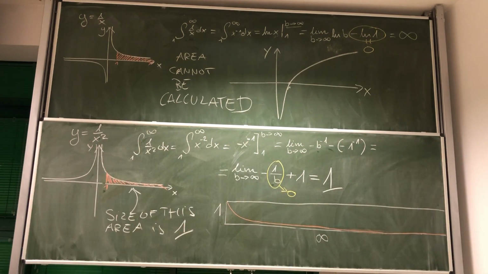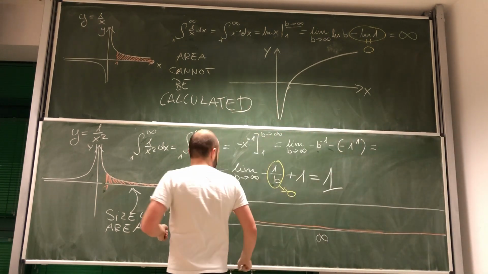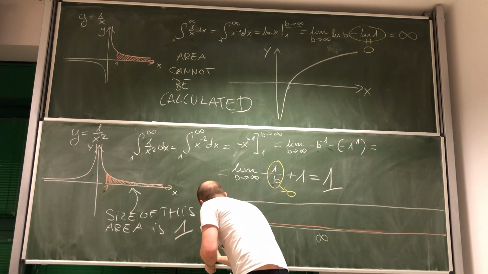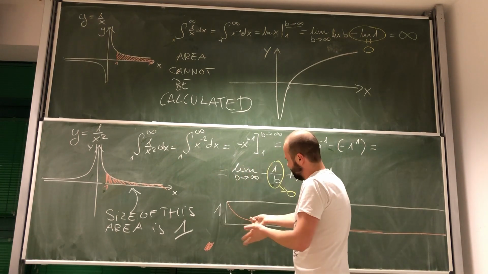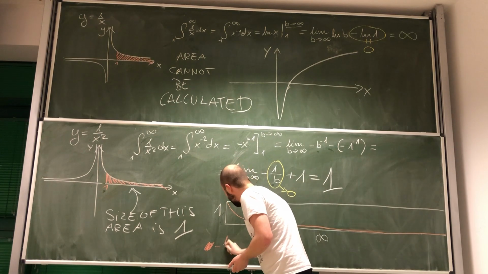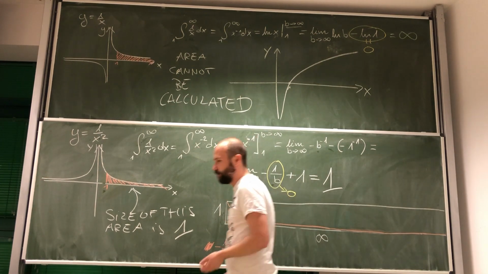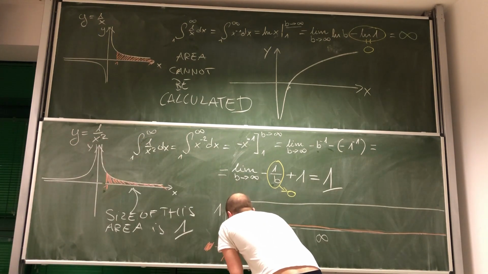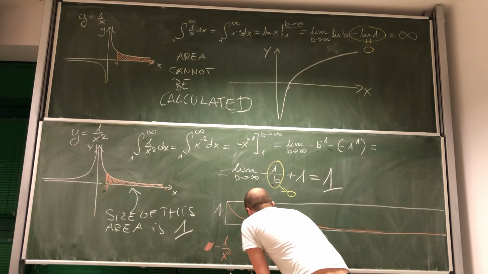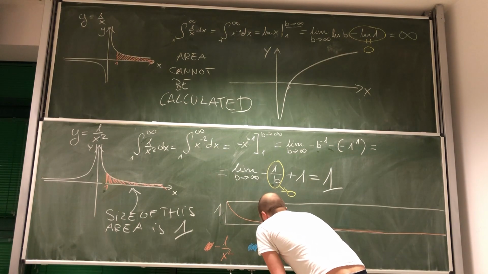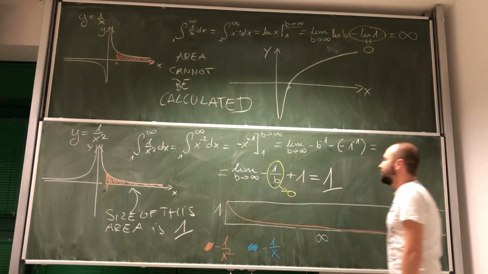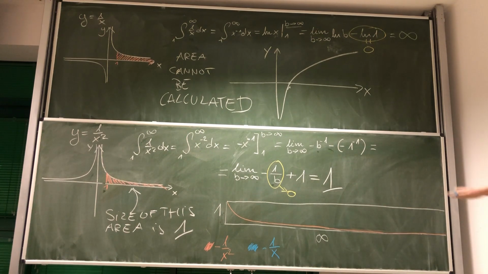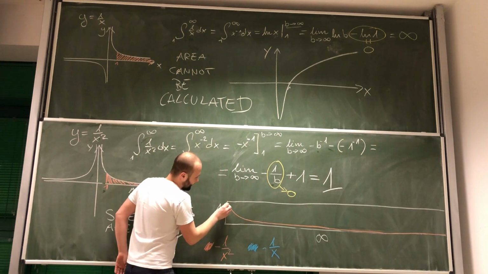And look, and why in this first case? Okay, let's just say that from now on, this red, pink, orange color is associated with the function 1 over x squared, and the blue color is associated with the function 1 over x. Look, if I would like to draw a similar picture for 1 over x squared, it would look more or less like this.